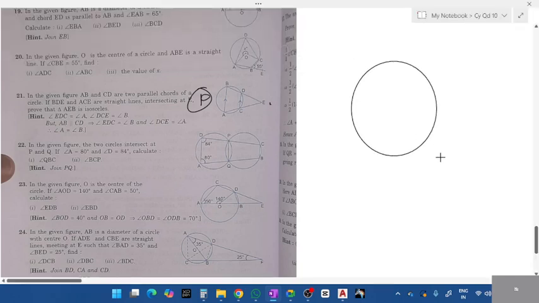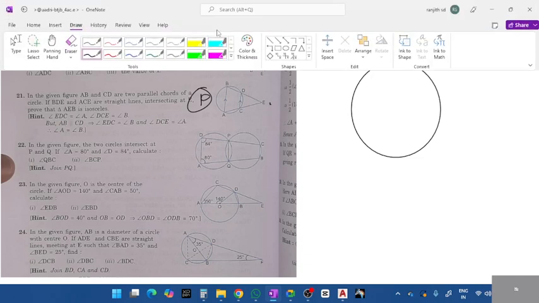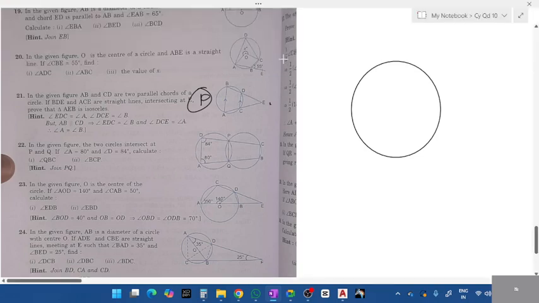22nd question. How many circles are given in this? Two circles, right? And what's the common chord for both the circles? Which one is the common chord? Okay, so I think there is a theorem on this. AQB is a straight line. In the given figure, the two circles intersect at P and Q. Angle A is 80.